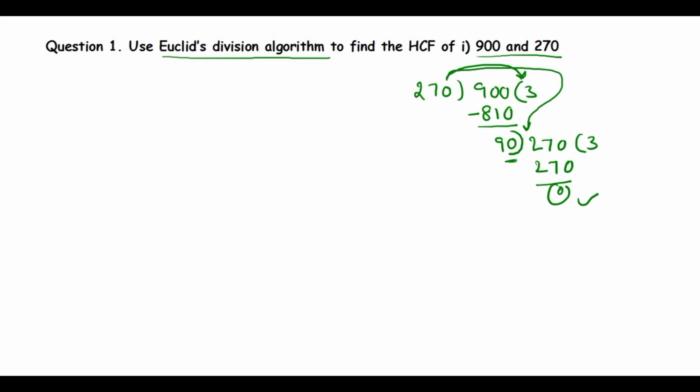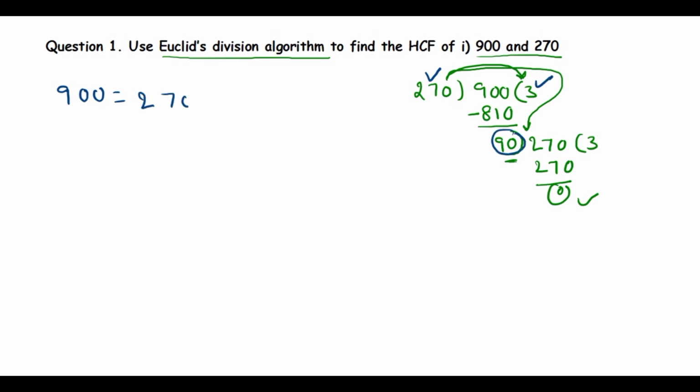Now the same way, how to write this: the given integers are 900 and 270. Since 270 is less than 900, apply Euclid division algorithm to find the HCF of 900 and 270. So how to write that? 900 is equal to 270 into 3 plus 90.